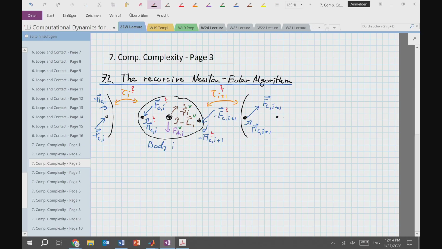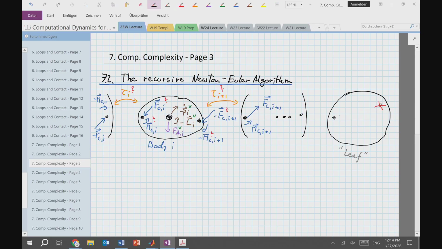Exactly. If I keep going, I will eventually come to my leaf, or a leaf. If it's just a chain, I'm in a leaf. And the important property of a leaf is that I don't have that.